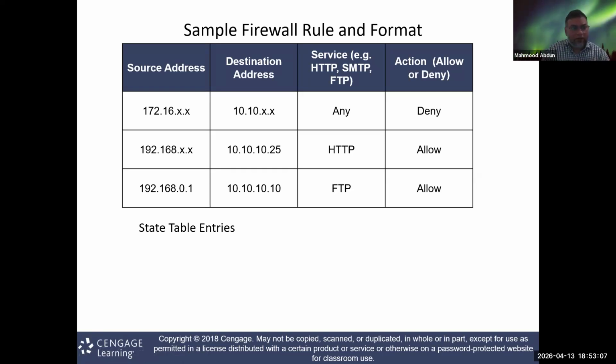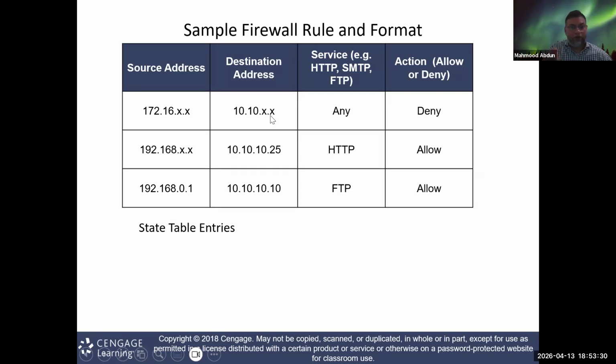So you're talking about, let's say, a class B network source address. That means your entire network is class B. It has 172.16 and any other kind of 0.0 to 255.255. Any source address will match against this rule.